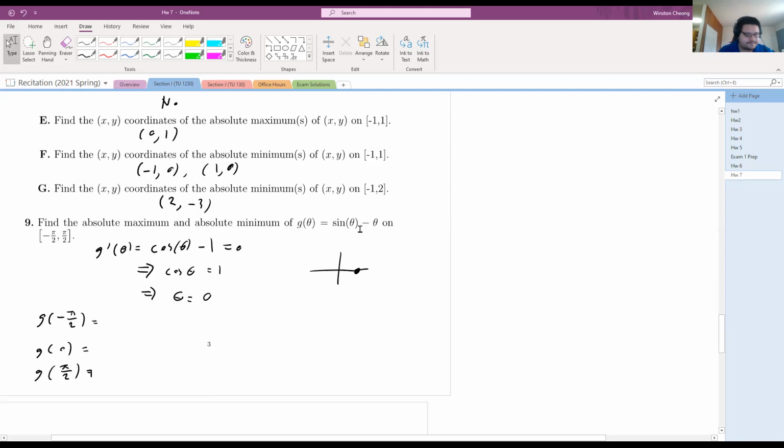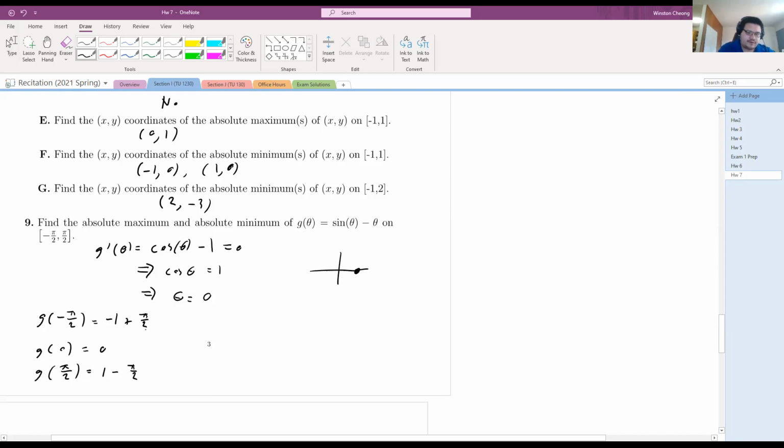Well, now it's just thinking, what is sine of minus pi over 2? I think this is a minus 1, yes, minus 1, and then plus pi over 2 for this. This one would be 0, and this one would be 1 minus pi over 2.